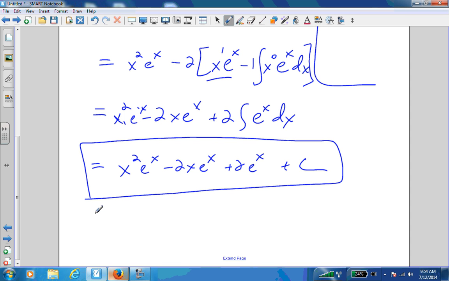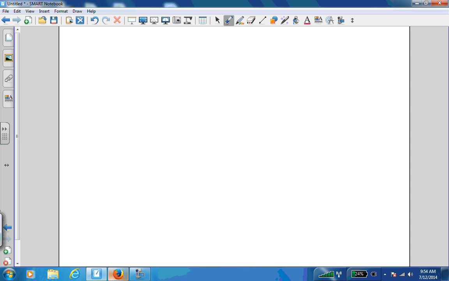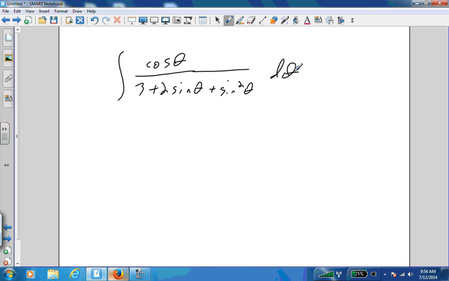Now some of these might be a touch trickier because sometimes they hide the fact of what our u is. Just a quick example. If we've got cosine theta over 3 plus 2 sine theta plus sine squared theta d theta.